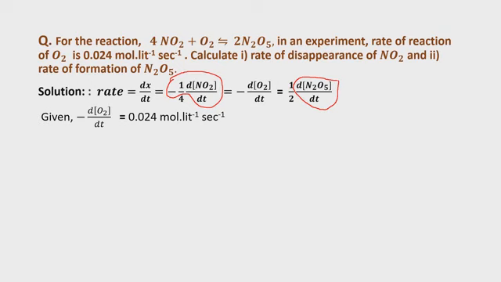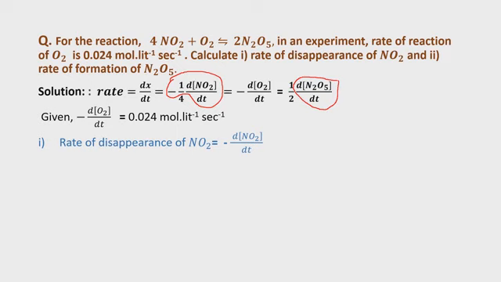It is given in the question. Now look at the first question. Rate of disappearance of NO2 equals minus d[NO2]/dt. You want to calculate the rate of disappearance of NO2. At the same time, what is given? O2 is given, which is also important.